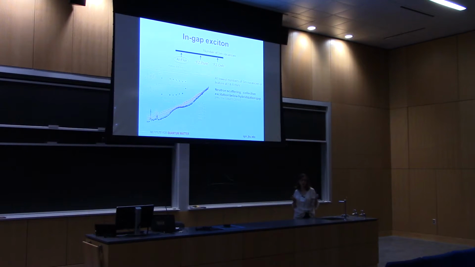Okay, so now we figured out that at 1% of samarium vacancies we close the gap, but what happens if we have a very pure crystal with less than 1% of samarium vacancies? Here we can look at very low frequencies, and this is a pure sample where we have a very nicely developed 40 MeV feature and hybridization gap, and in the gap we find this very sharp feature of the exciton transition, which was discussed a lot.